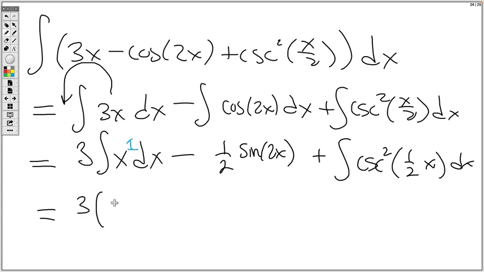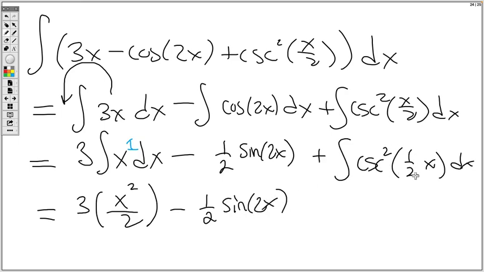So I can hit this with the power rule. With integration, with anti-differentiation, the power gets promoted. So x to the first is going to get promoted to x what? Squared. And instead of multiplying by that new power, I'm going to do what? Divide by that new power. Minus 1/2 sine of 2x.